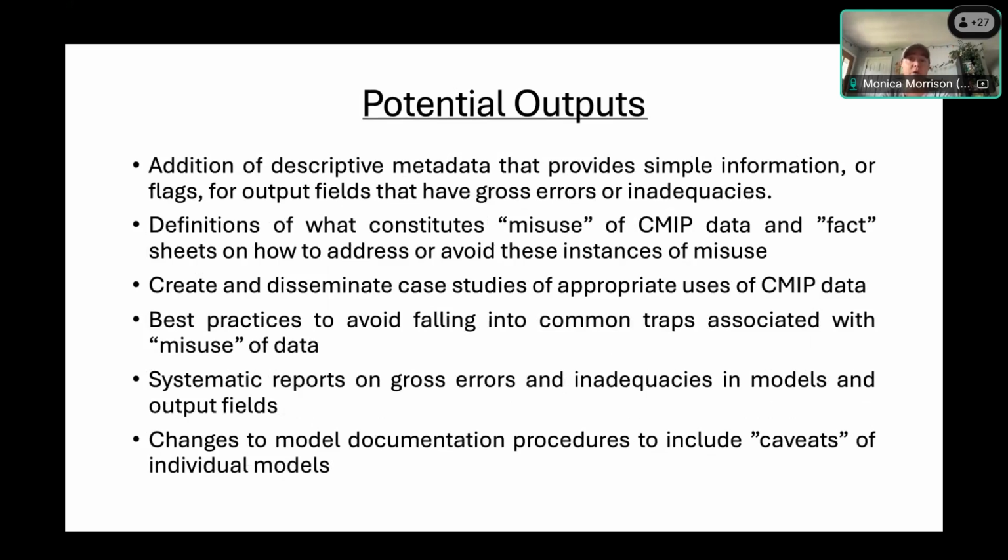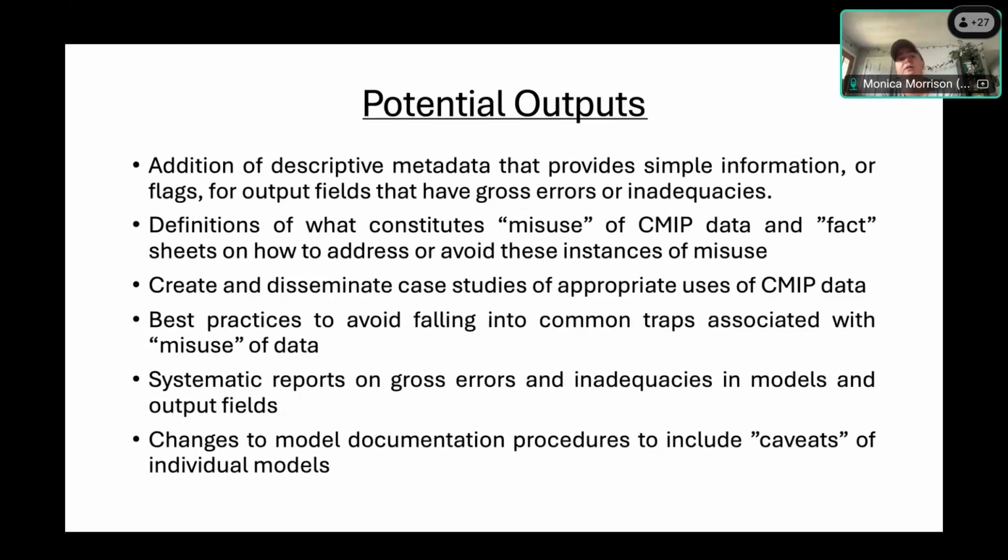Providing systematic reports on potential inadequacies, like when models don't have 3D representation of lakes, and trying to help people understand the implications of those simplifications for using information on that region, or that relates to those representational simplifications.